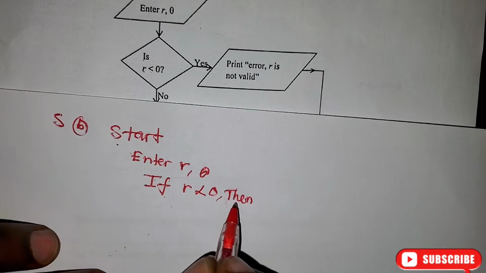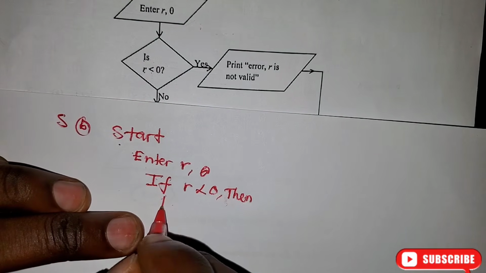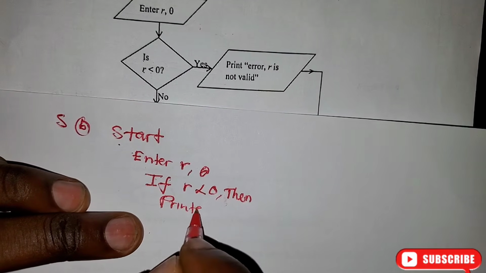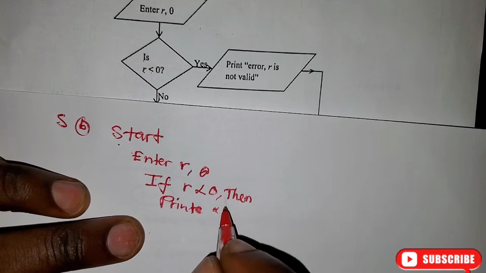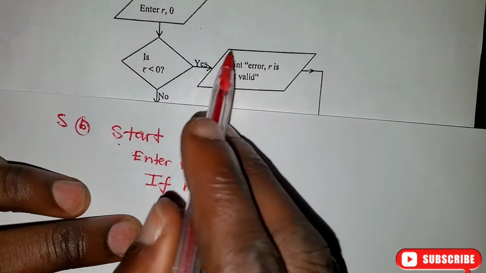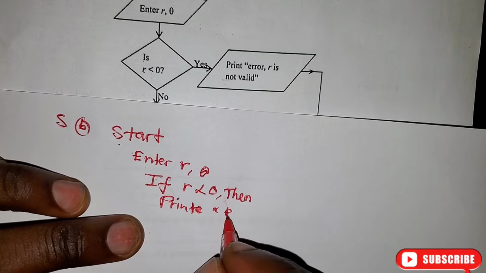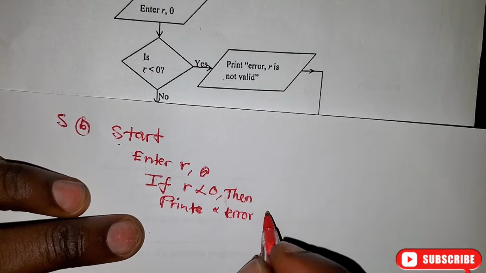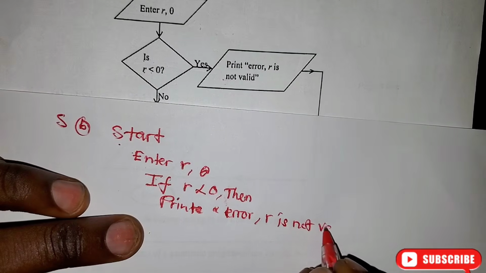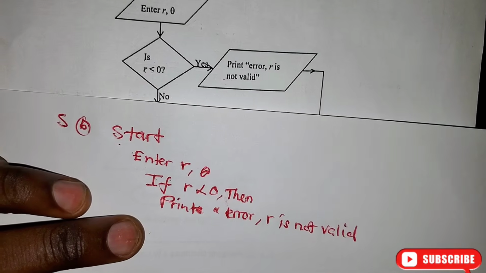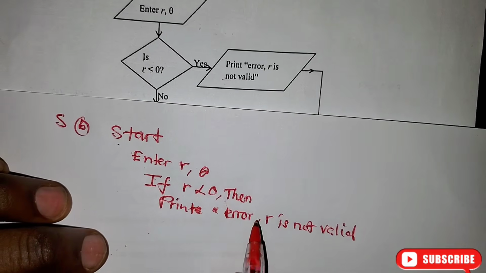If yes, so then print error, whatever is inside here, print error is not valid, okay. Error is not what? Valid.